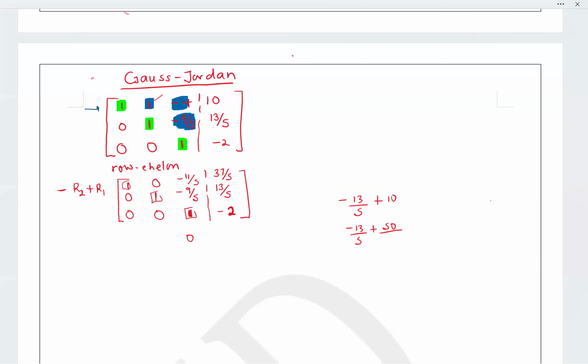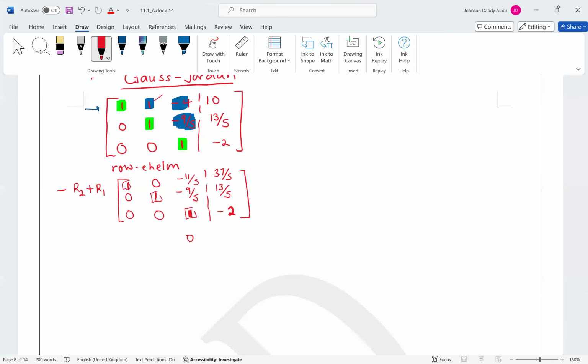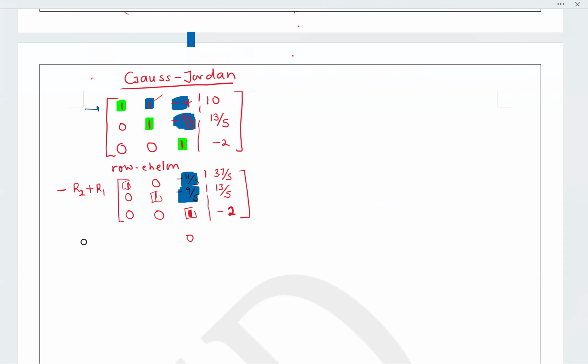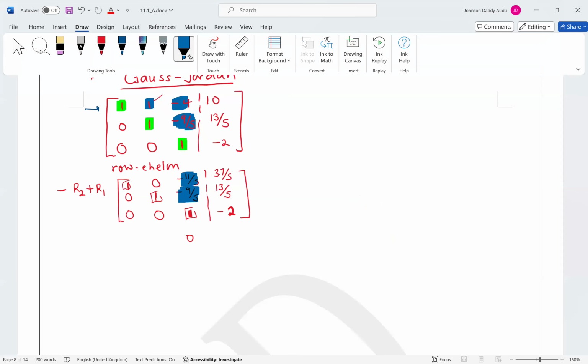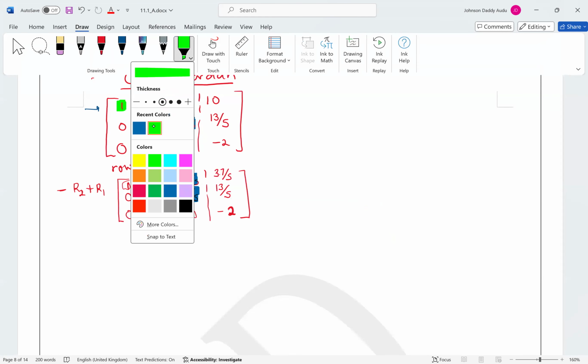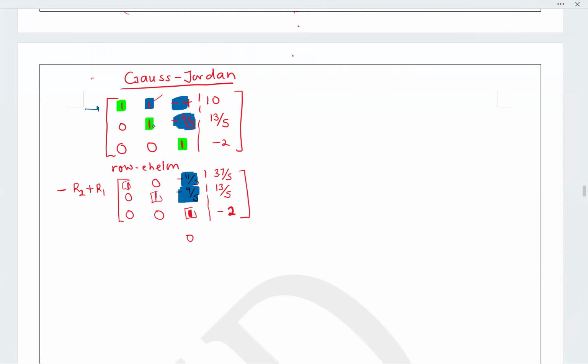Right. Okay. Then the next thing is just as we've indicated, this 2 has to go to 0 because what is the pivot? Remember, the pivots are the ones in green. Let's highlight them again. When I say the pivot, I mean the leading entry.